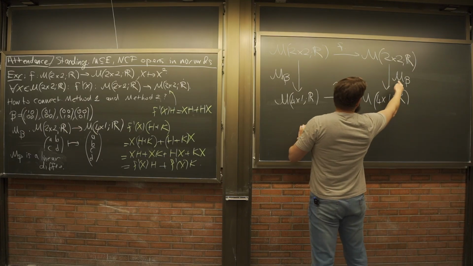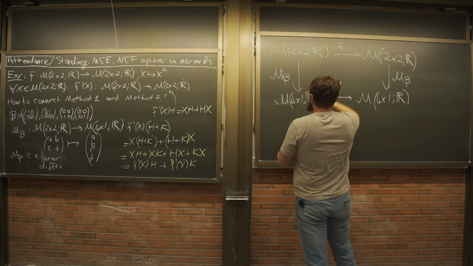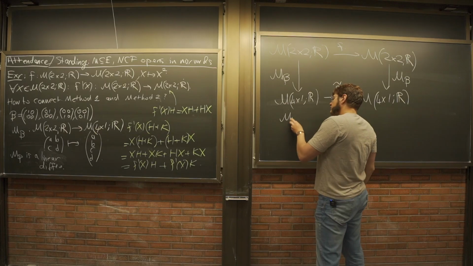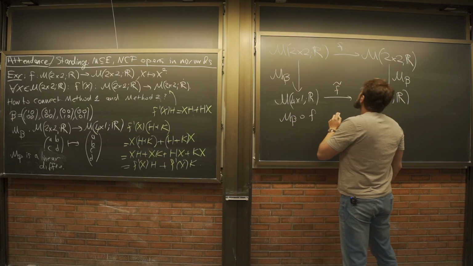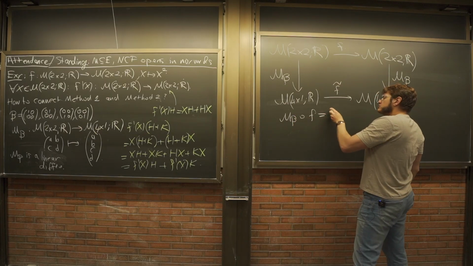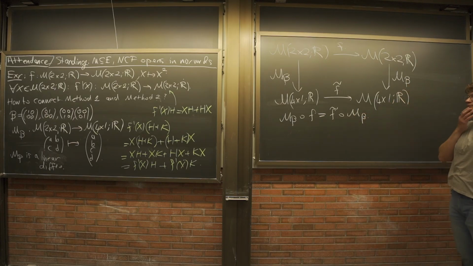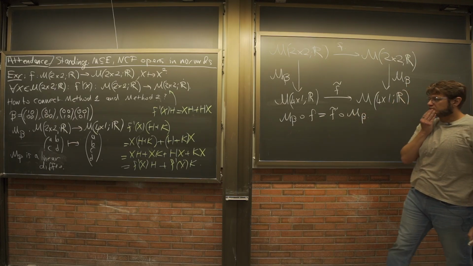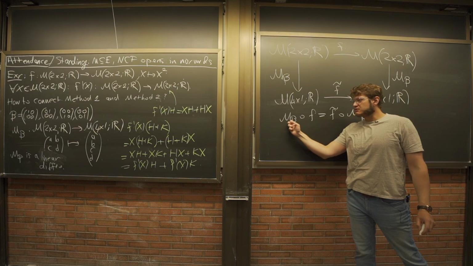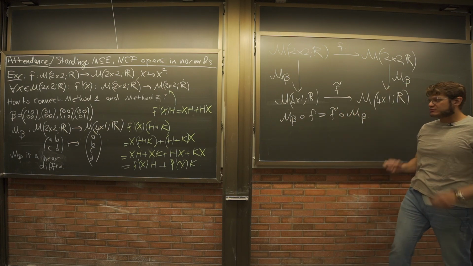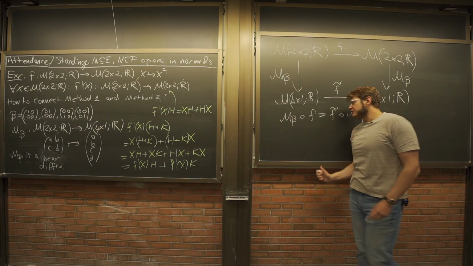And so this is the same thing as this. Cool. Okay. Well, m sub beta is an invertible map, which means that I can take this to the other side.